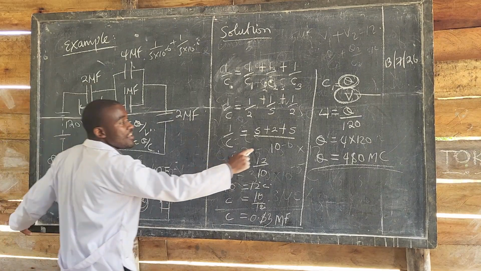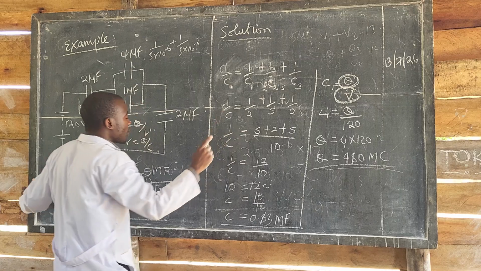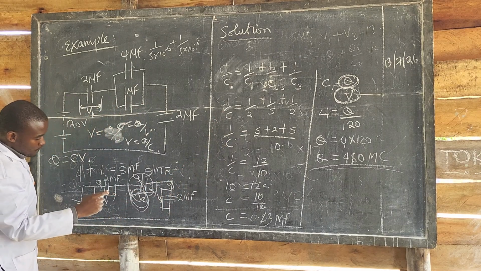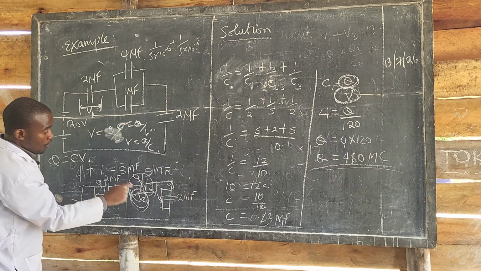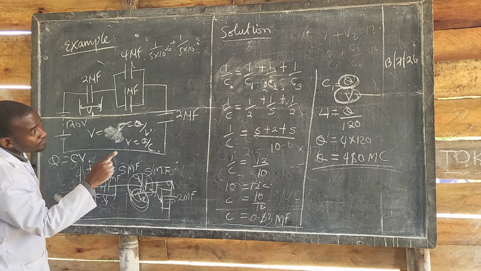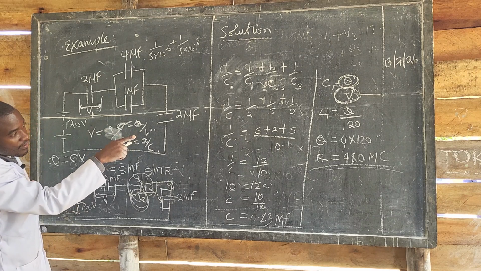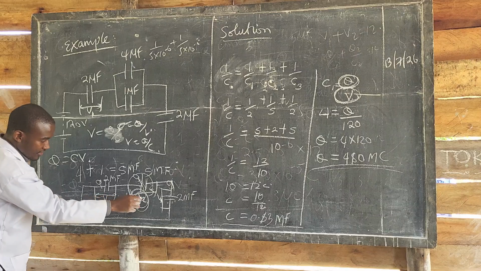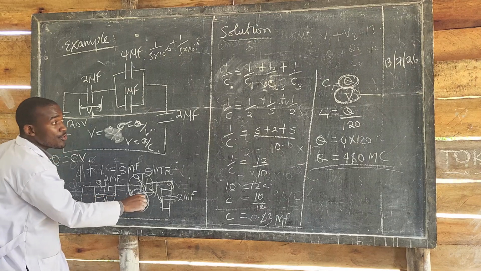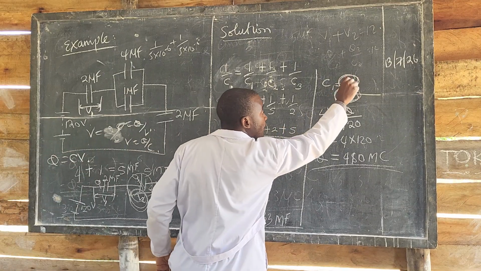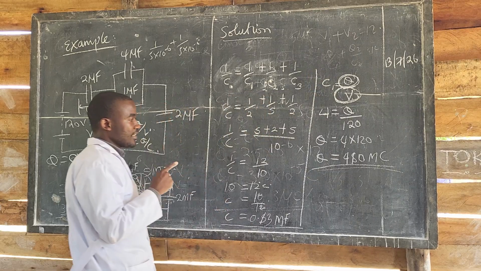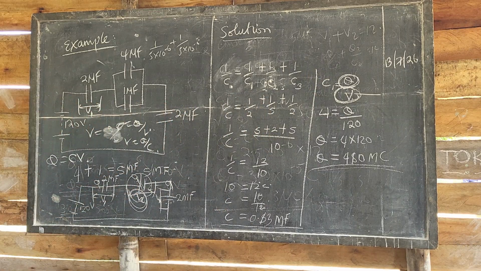When you have this V, V2, you use it to get this Q. What are we getting there? We want charge.